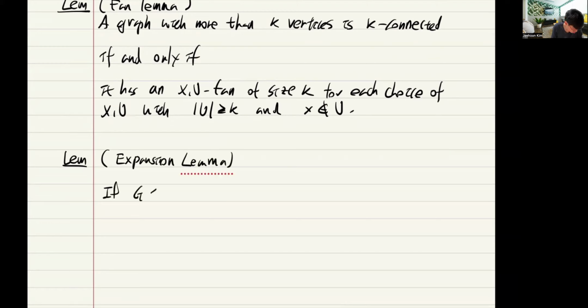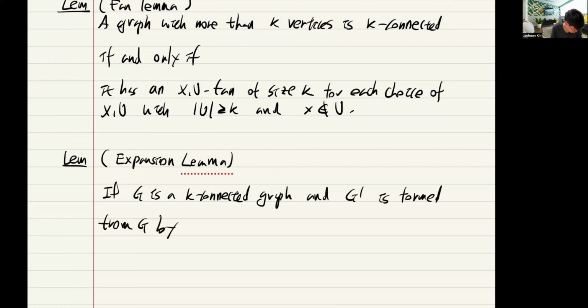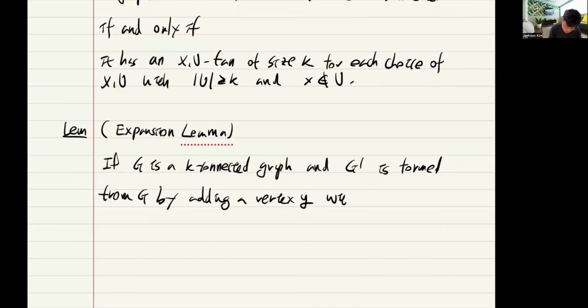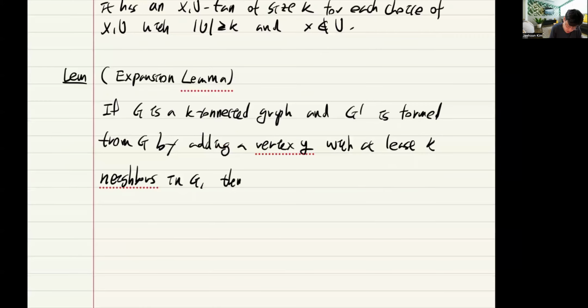If G is a k-connected graph, and G prime is formed from G by adding a vertex with at least k neighbors in G, then this graph G prime is still k-connected.